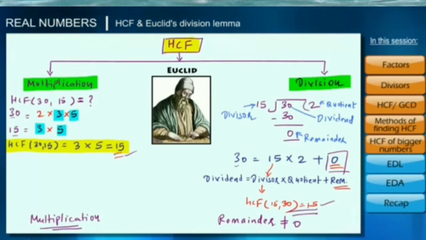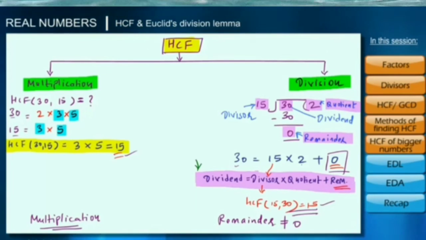Here, to find the HCF of larger numbers, Euclid, the Greek mathematician, came up with the idea, and he proved that whenever we divide any two positive integers, we get another two integers in the form of quotient and remainder, and they can be arranged as dividend is equal to divisor into quotient plus remainder. This is the lemma given by Euclid, so it is called Euclid's division lemma.